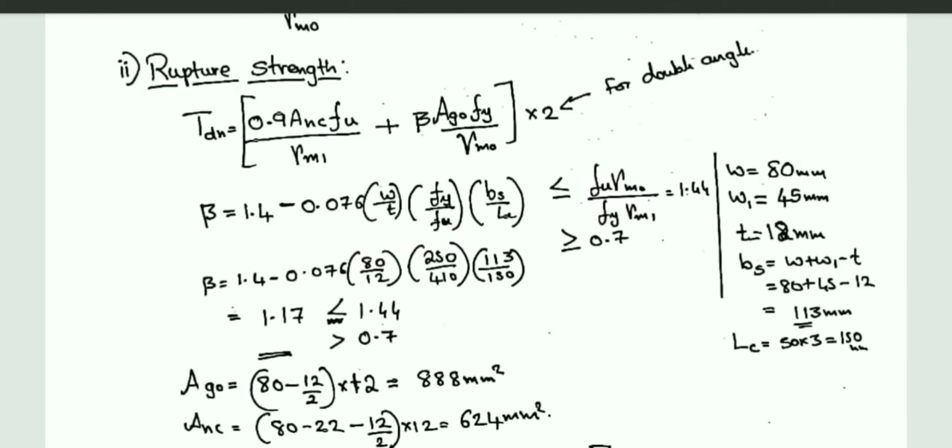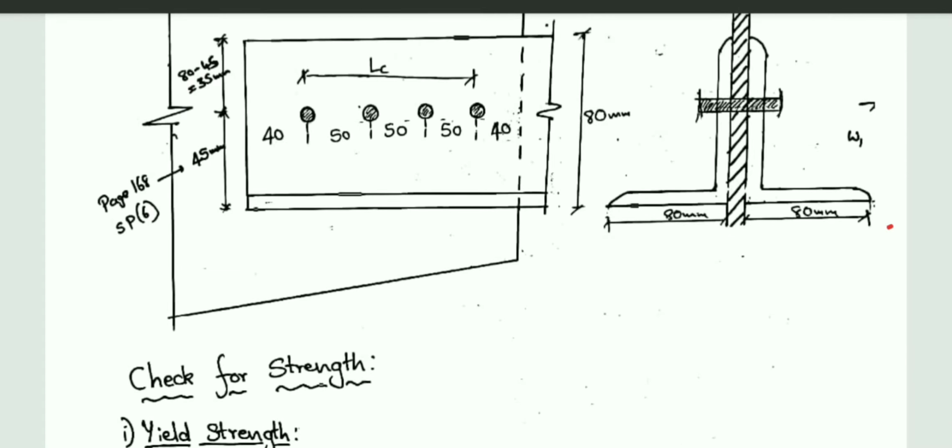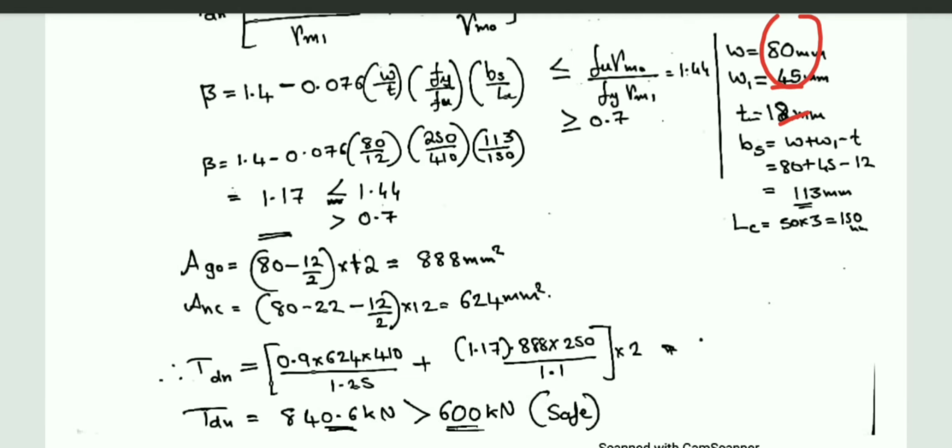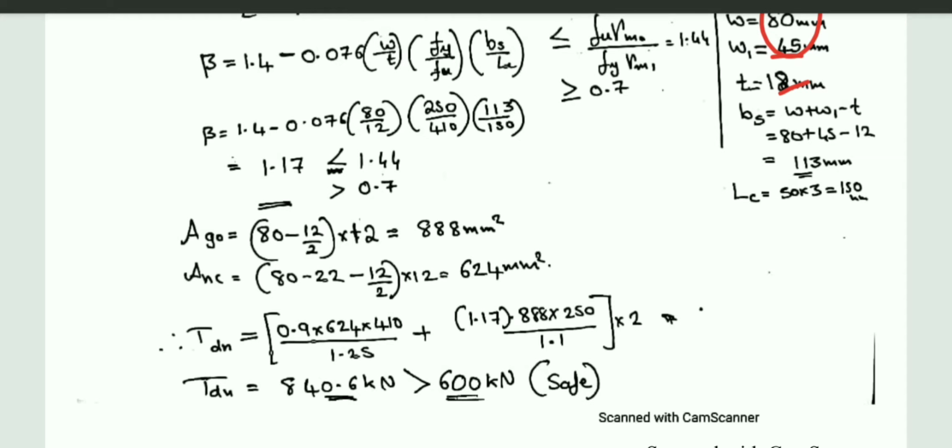Here in the beta formula, W will be 80 mm and W1 will be 45 mm, T is 12, and Bs is from here to here. Okay, that is 80 plus this W1, that is 45, minus T by 2, which is 6, so it is 113.